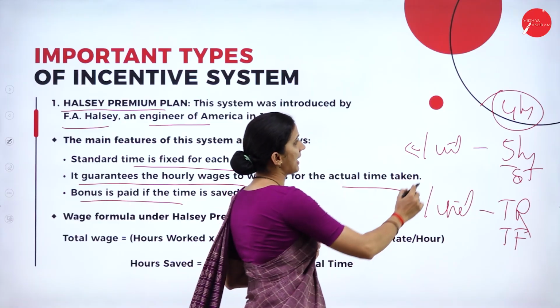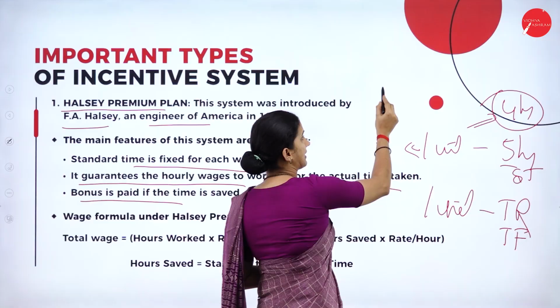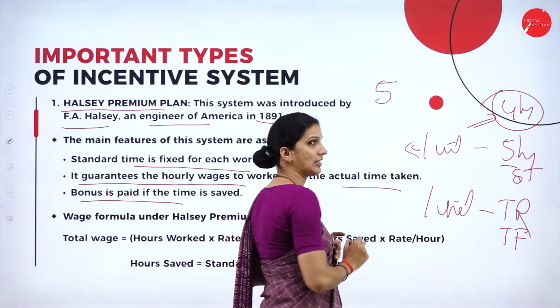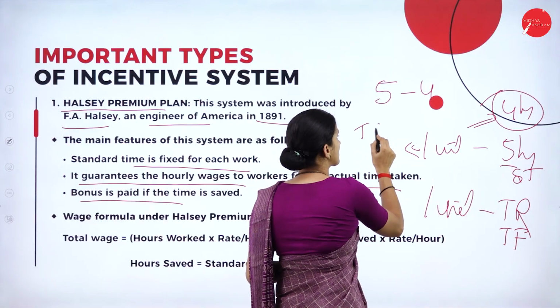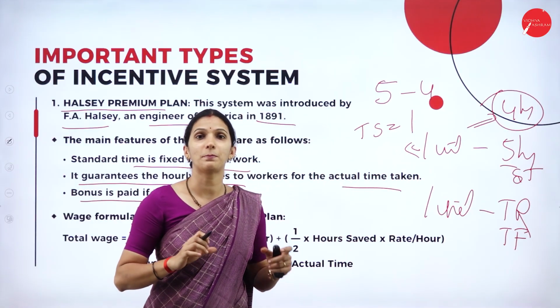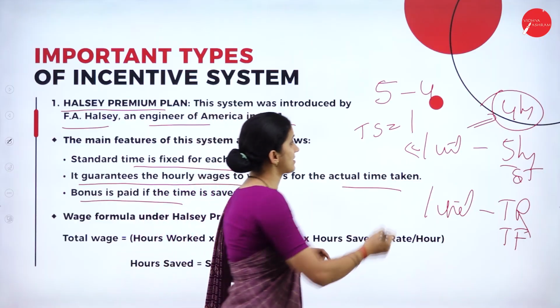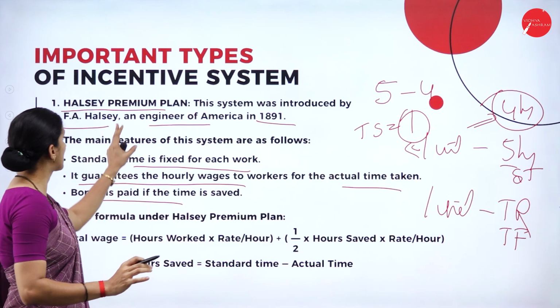He has completed this task within 4 hours. The standard time given is 5 hours and he completed the work in 4 hours. So here the time saved is 1 hour. He will get the premium or bonus on this time saved, that is 1 hour. That is what it says.